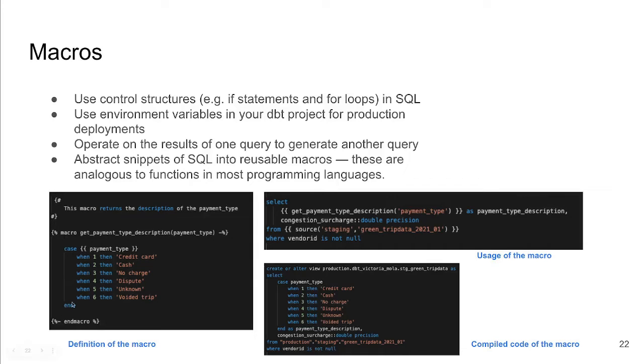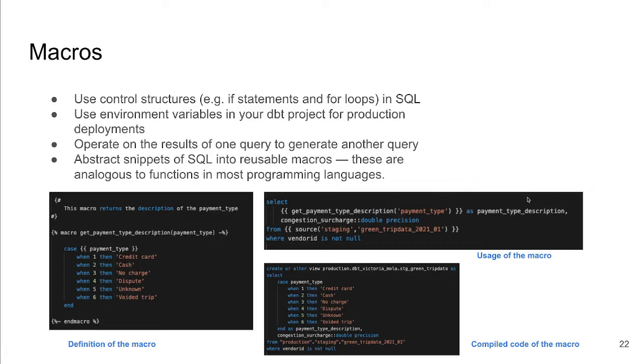Between the macro and the end macro, we define the code that we want the macro to return. If you see, this is simply SQL. And when we have the two curly brackets, we are indicating that this is the value it will translate to, the value that we receive when we call the macro. So this is the definition.